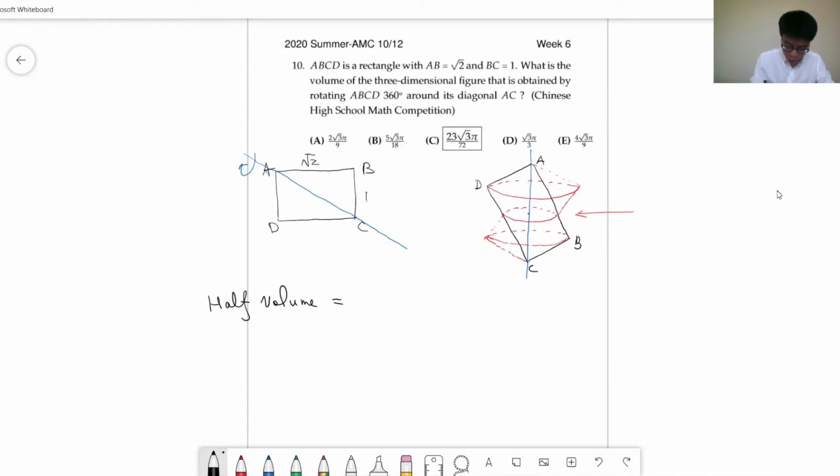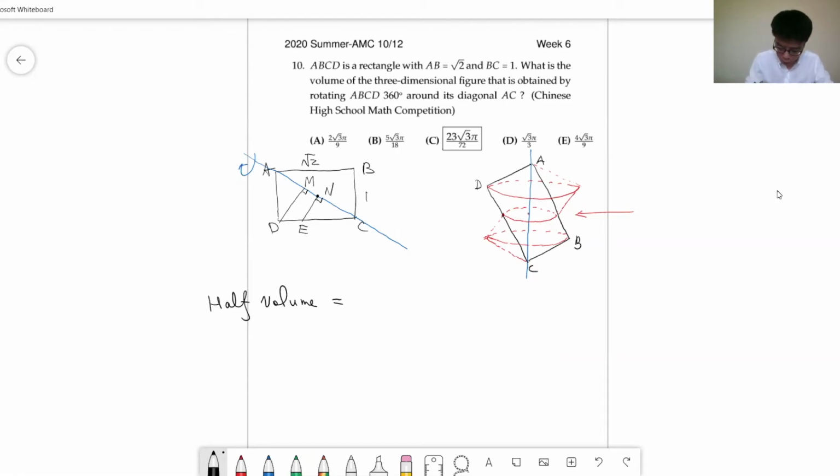Okay, let me put some notation. Suppose I draw this DM perpendicular to AC, and the middle point of AC is N, and the EN is perpendicular to AC, okay?